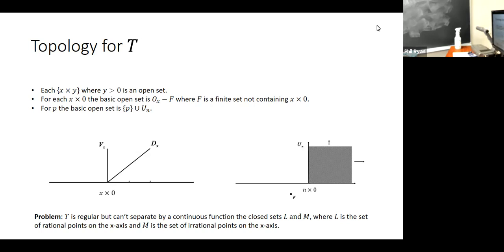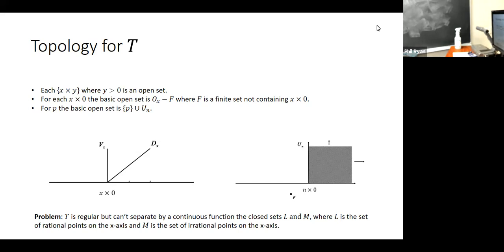Okay. And for P, the basic open set then is P union with this set N, which is kind of like half of the half plane. So everything which is in this sort of quadrant there.